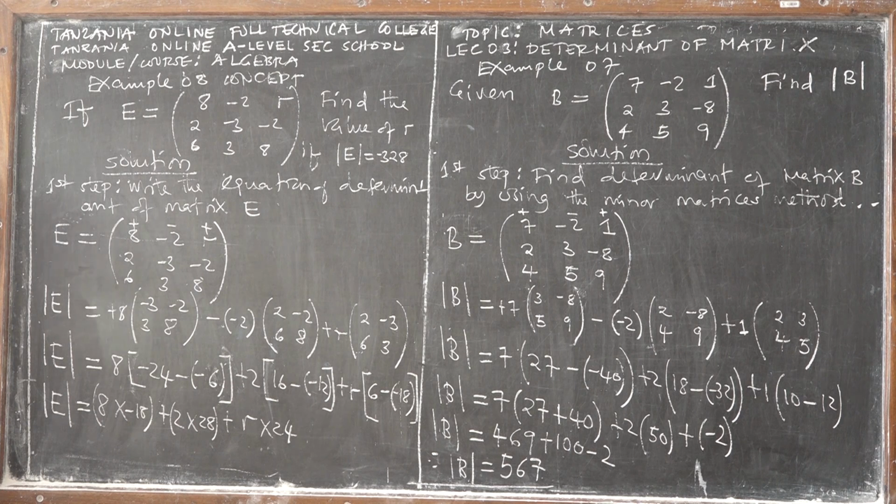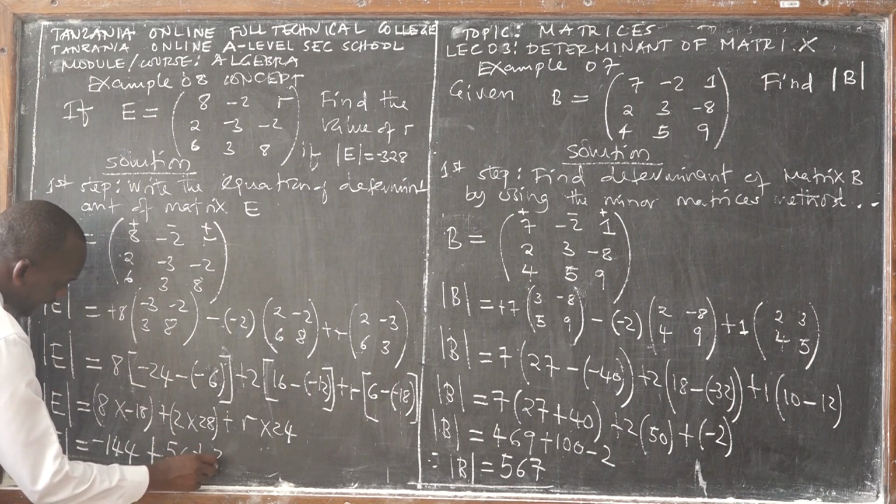Are you together? Yes. Then the determinant of matrix E is equal to what? 8 times negative 18. Negative 144. Right? Plus 2 times 28, 56.